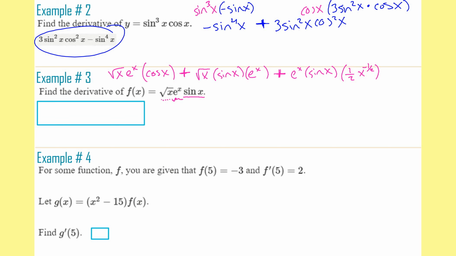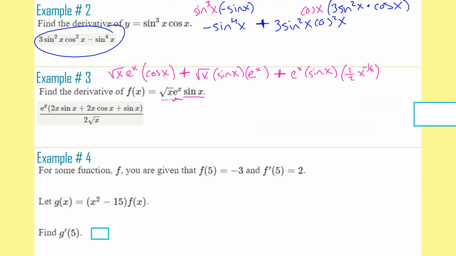And if we check it, we end up with the same thing. What are they doing? Why do they have to write it all weird? Oh, they made it all with the same denominator. Yeah, because this one is going to be e to the x sine x, and then 2 square root of x.